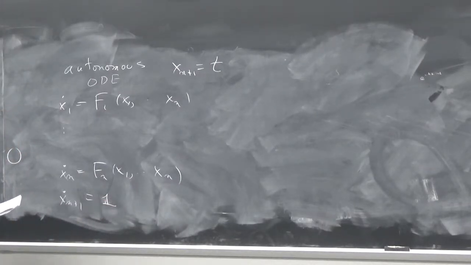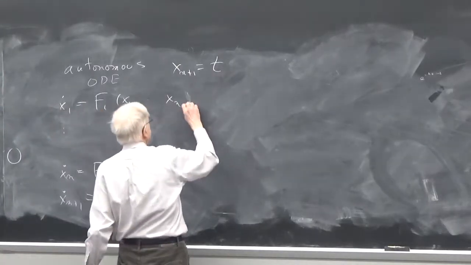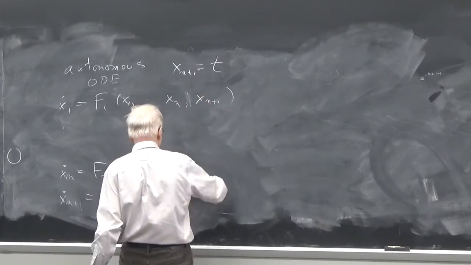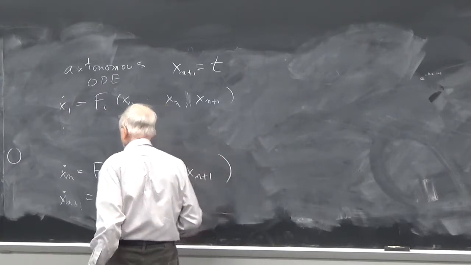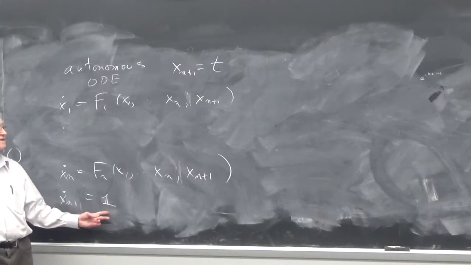And bingo, you're now able to describe a system. In other words, if there were a t here, you just call that x_{n+1}. And then you say the time derivative of x_{n+1} is equal to 1.